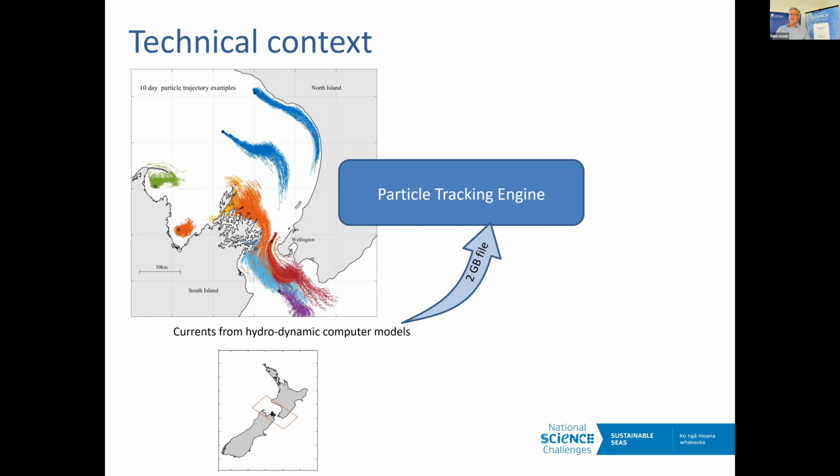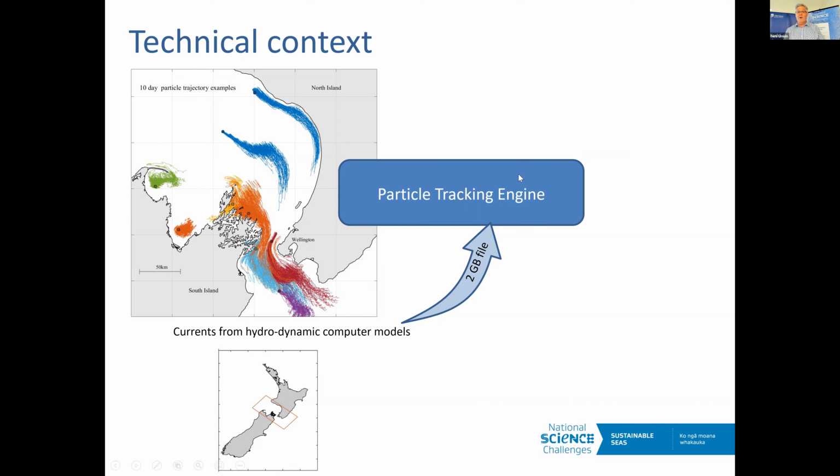It takes, in this case, a couple of gigs of file output from the hydrodynamic model, and then calculates. It says if you drop a particle right here, sorry, I'm looking at the screen, if you drop a particle somewhere like here, it then goes ahead and does the calculation. Where do I go next time? And the next time, and the next time, and so on for as long as you want to do that. So we call it technically a particle tracking engine. Okay, but there are many ways of referring to it.